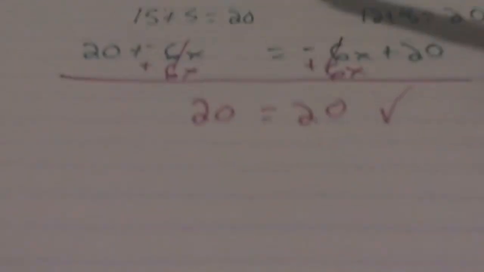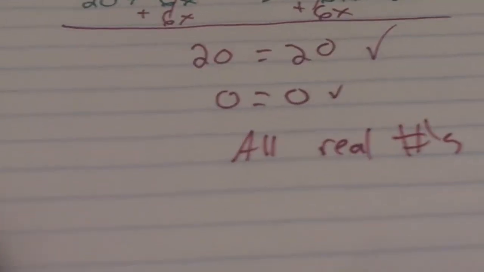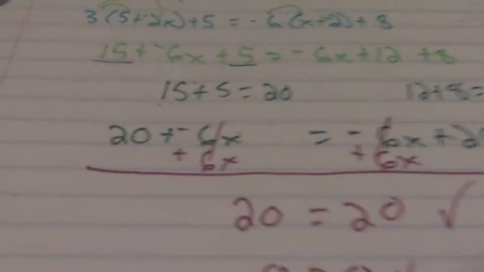When a number is equal to itself, or we subtract 20 from both sides, we have 0 is equal to 0. So this is true, right? So the answer is all real numbers. Alright, so remember, you have the same number equal to itself, it's all real numbers. So there's an infinite amount of solutions.